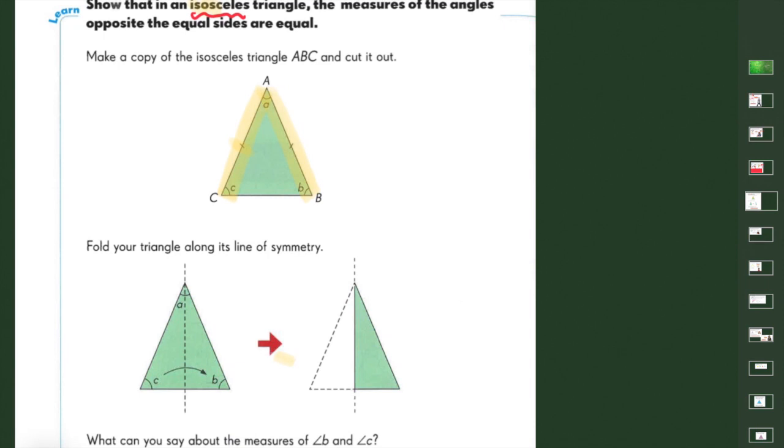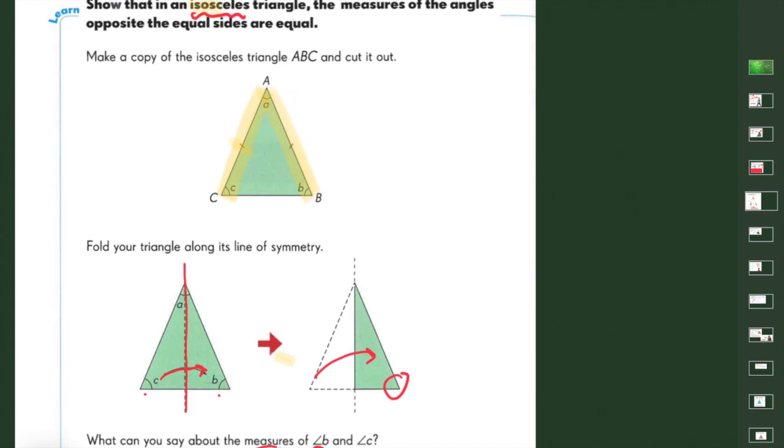Now, if we were to draw a line of symmetry, as they've done down here, and we were to visually picture that side folding over, you can see that angle C, when it's folded over to lay on top of angle B, that angle B and angle C have an equal measure.